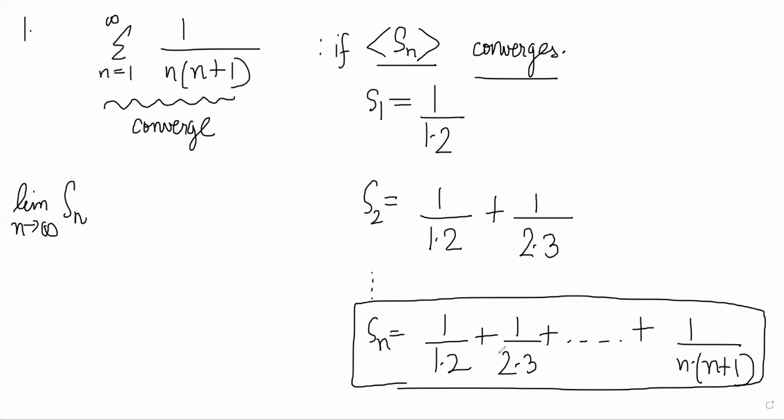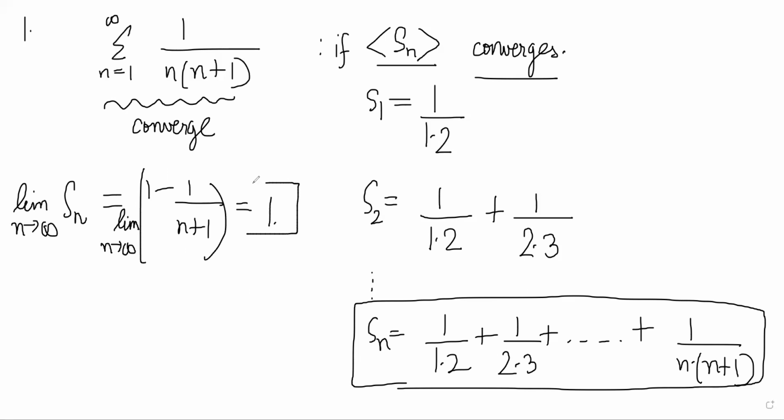So that will be equal to 1 minus 1 upon n plus 1. So when n tends to infinity, it will tend to 0. So overall the answer will be 1. This sequence is converging to a finite value, therefore you will say that the series is converging to 1.